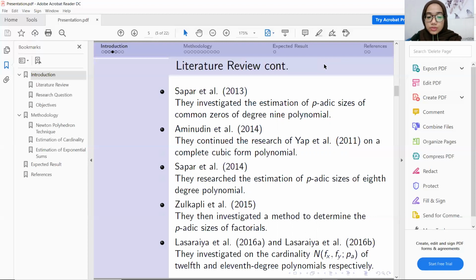Lasaraya et al. 2016 and 2016. Okay, here, these authors produced two journals or two articles about the cardinality of 12 and 11 degree polynomials respectively.